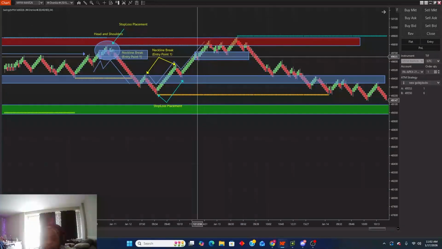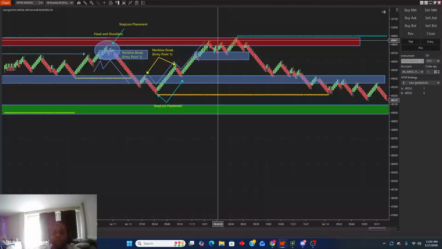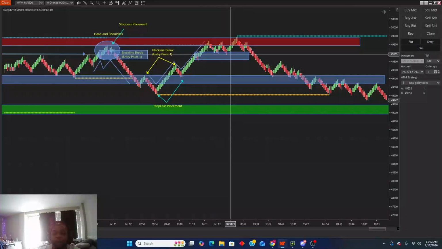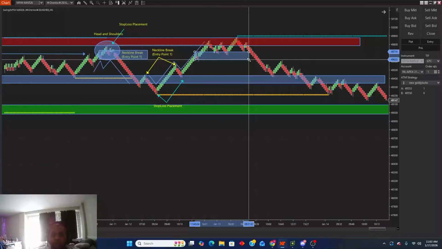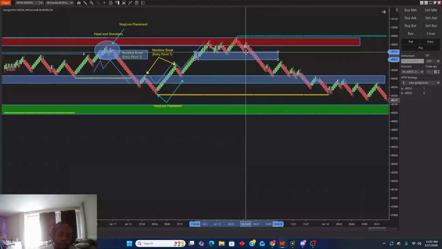It bounced off of this, made it look kind of good, came up, didn't break the high, bounced off of this, so this would have made this valid. So let's drag this across. Pushed up, new high, anticipate the break, come down, bounce off this, push up, no new high. Suspect, right? Cool.